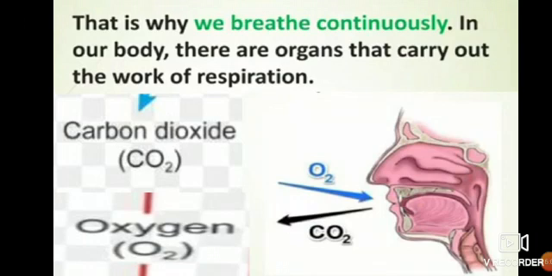Now here, in this picture, if you see, this person is taking the oxygen inside. Can you see the blue arrow? The blue arrow marks the inhaled air, that is oxygen, O2. O2 is the formula of oxygen.